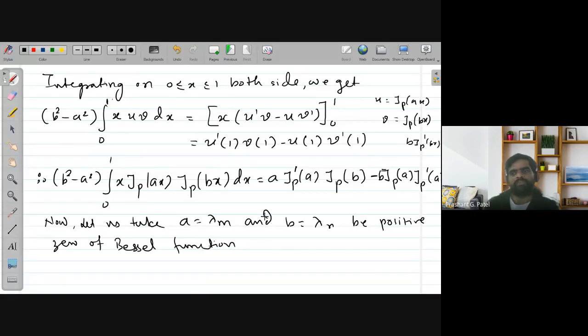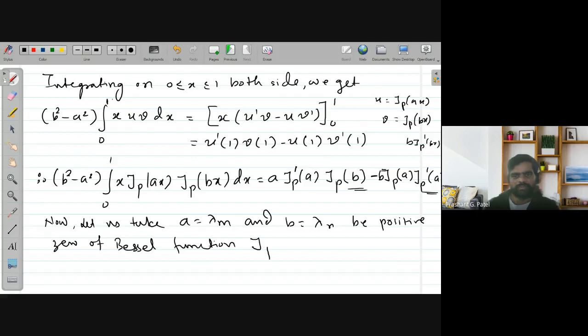Why are we taking these as positive zeros? Because at that point this quantity will be 0. That is Jpm. So whenever this zero is there, this function is 0, this is also 0. So we'll have 0 in that case here.